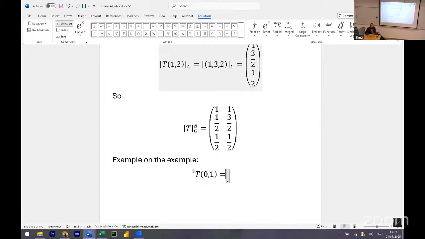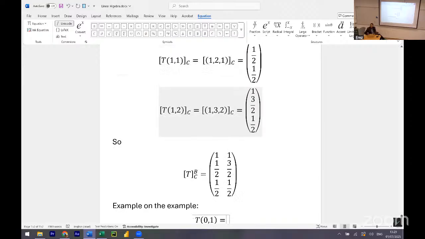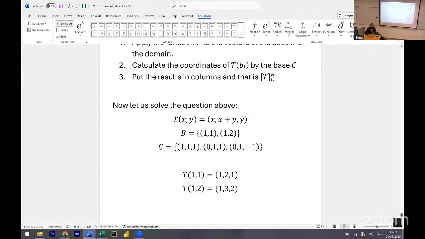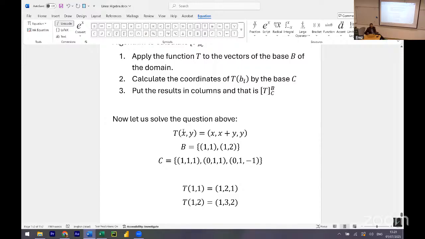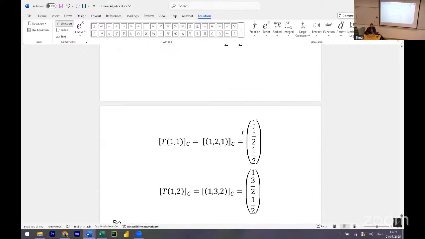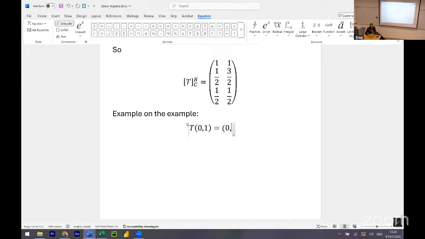So simply calculating it, it's easy. We plug it into the formula here. So what is T of (0, 1)? That's (0, 1, 1). Do you agree? (0, 1, 1). Okay.